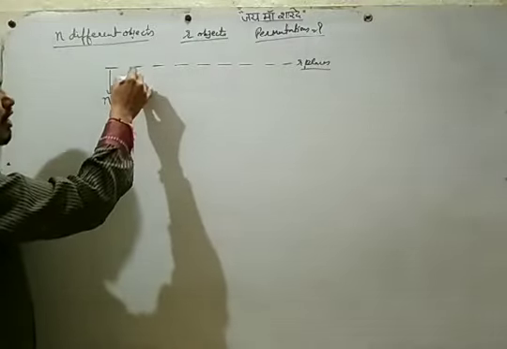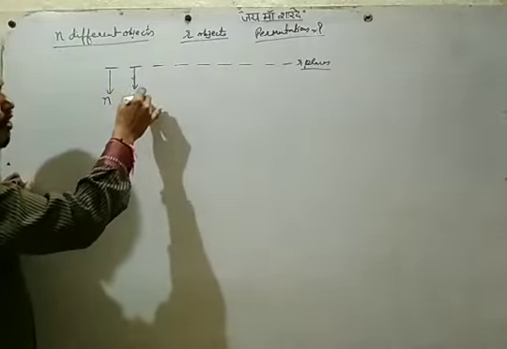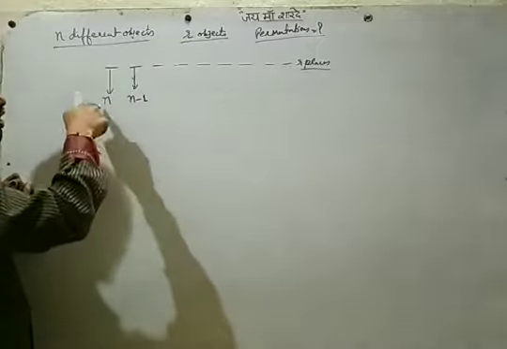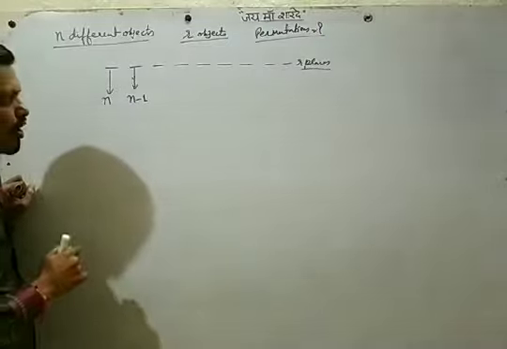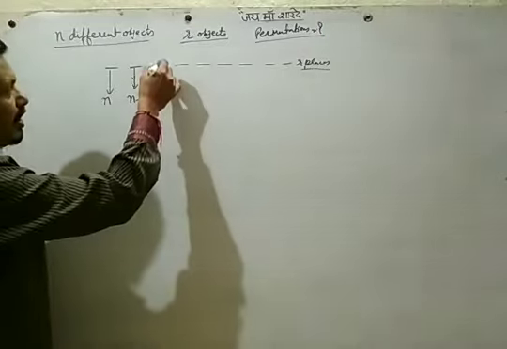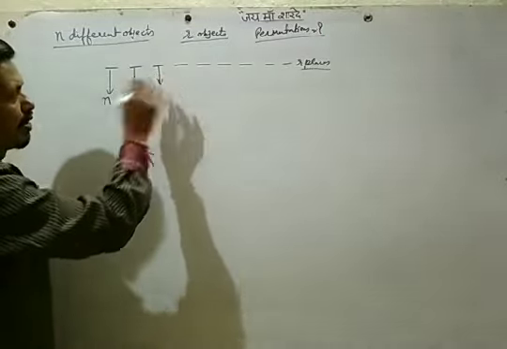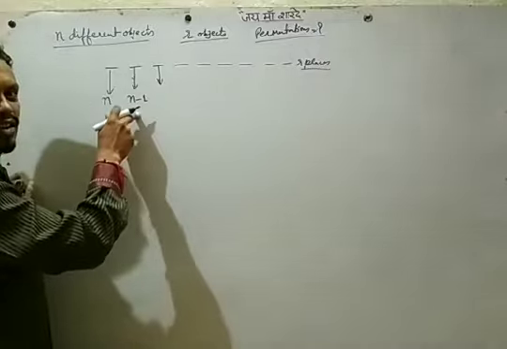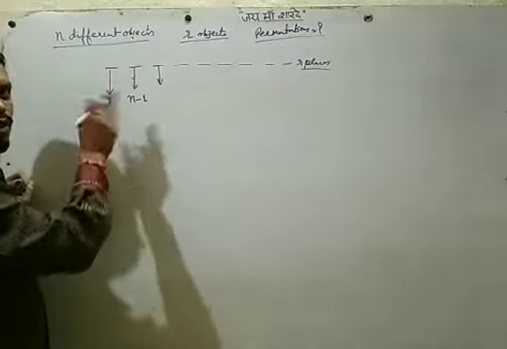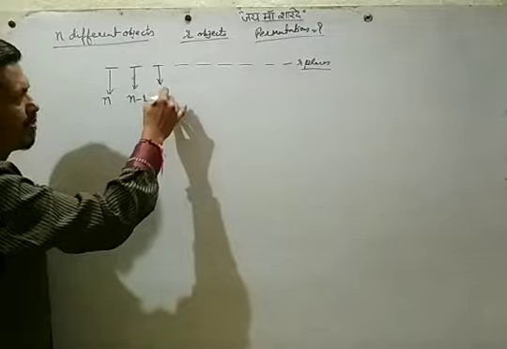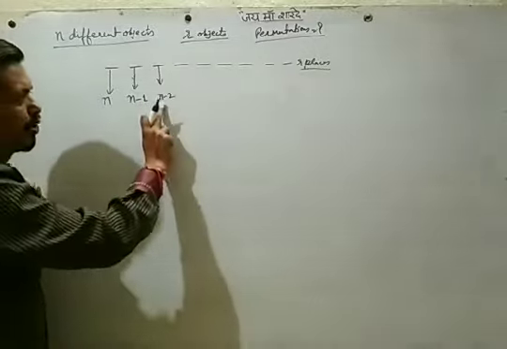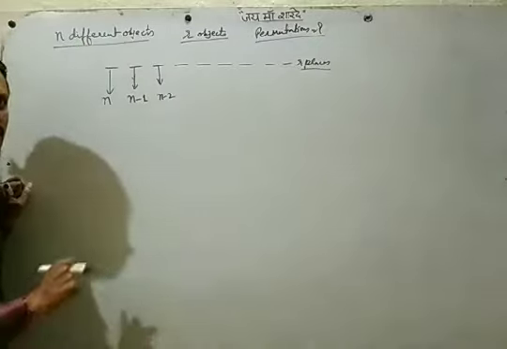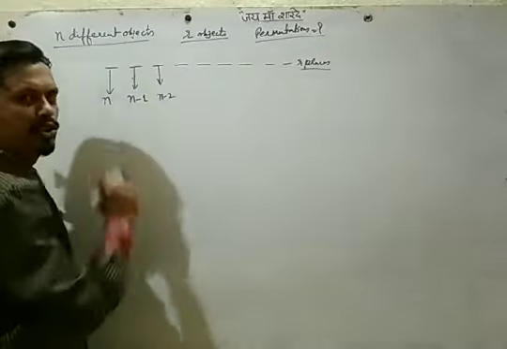Then for the next place we have one less option, because one object was used here, so there will be n minus 1 ways. Then for the third place 2 objects are used, so from n objects only n minus 2 remain. So the third place can be filled in n minus 2 ways.